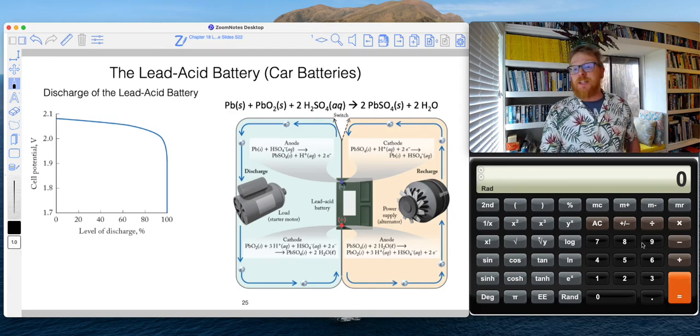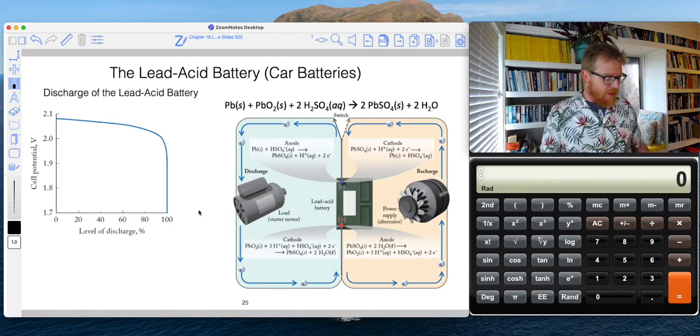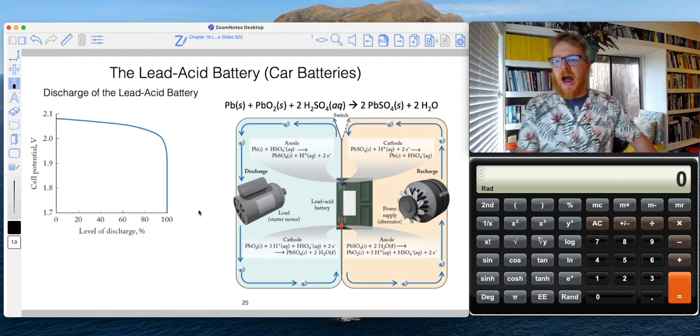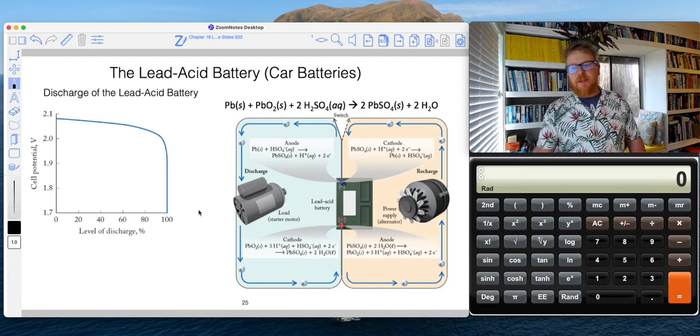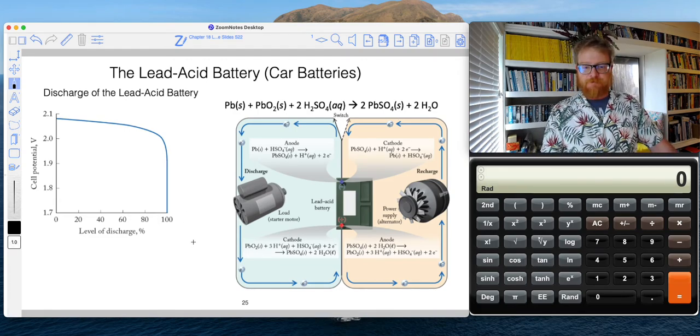And that actually will deplete your entire battery quite quickly. So if any of you have had issues with car batteries dying, it's because typically in one start, it discharges the battery almost completely, okay? But now once your engine starts up, your alternator takes over. So this is your alternator, and it's getting power from the engine, and that can induce the reverse reaction now.